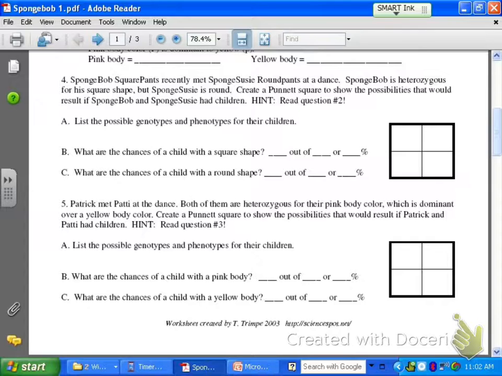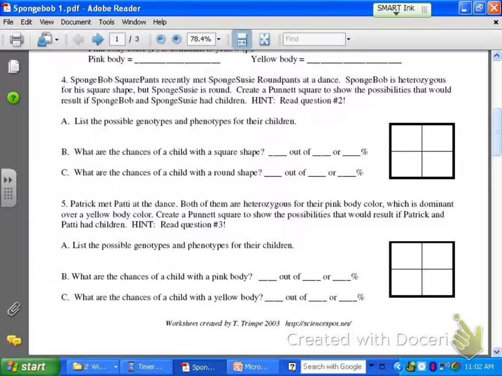SpongeBob is heterozygous for his square shape, but Sponge Susie is round. Create a Punnett square to show the possibilities that would result if SpongeBob and Sponge Susie had children. Going back, it says, hint, read question number 2. Which one's dominant, square or round?